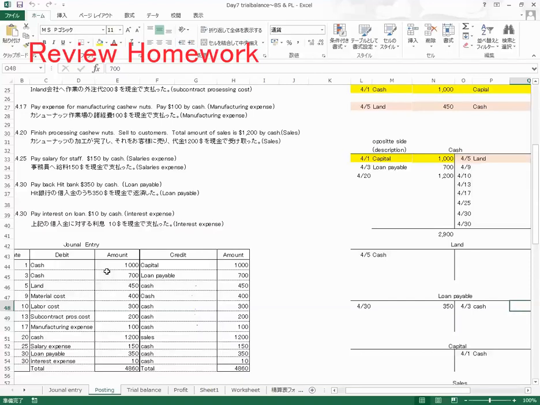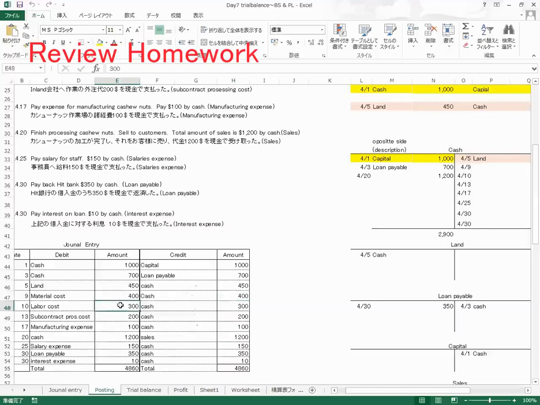You should post cash and its paired capital. And also you should post material cost that is paired to cash 400. You should think that and write that.